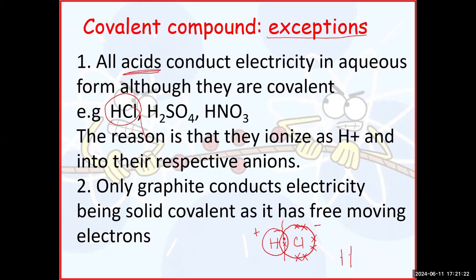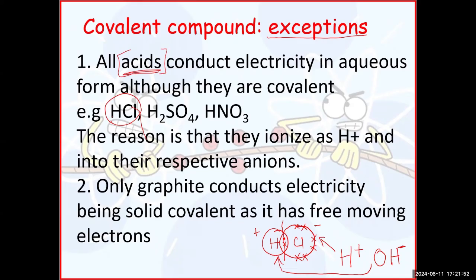Because in aqueous form, I told you that there is H+ and OH-, which starts attracting the opposite ions in the HCl. Although HCl is not an ionic compound, there are some exceptions with covalent compounds, like I have mentioned, that all the acids, acid is a complete chapter where you will learn what acids are.